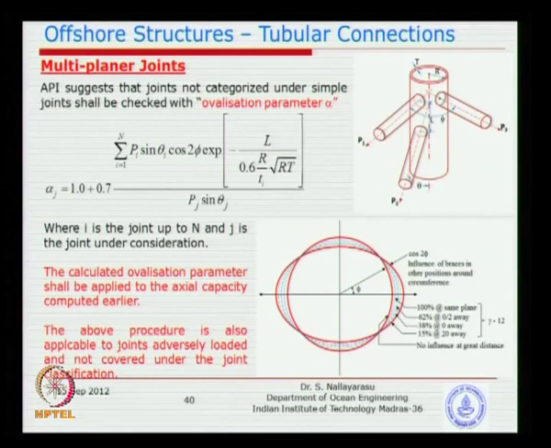So, this is an empirical formula given by API that you can use: the summation of all the loads from all the braces divided by the brace in question. For example, J is the brace in question, and there are a number of braces from i equal to 1 to n. So, for 3 braces, it will be 3, and you are trying to calculate the ovalizing parameter.